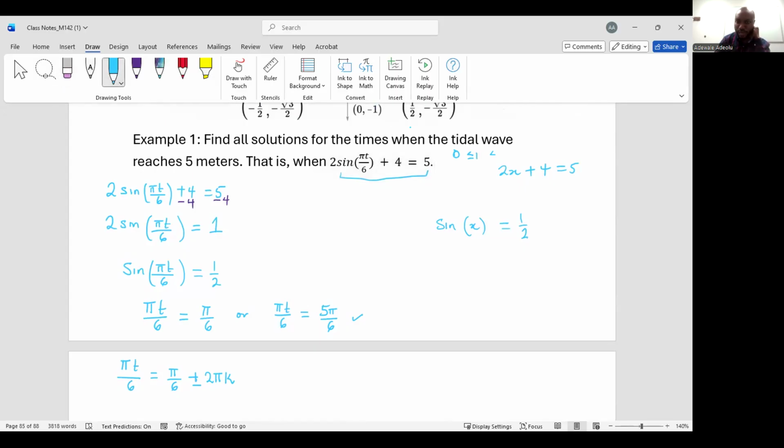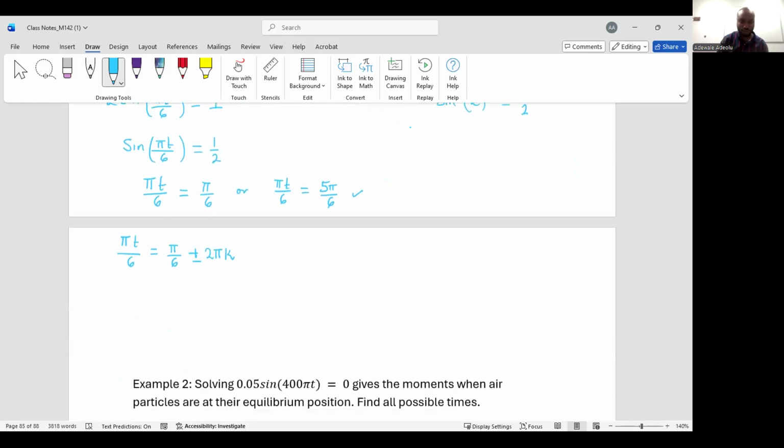I want pi t over 6 to be between 0 and 2 pi. Then I'm okay with pi over 6 and 5 pi over 6 because that is within one period. But because we are looking for all solutions, I need to consider that every period I'm adding to it.